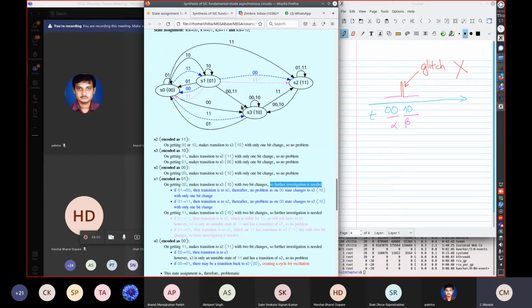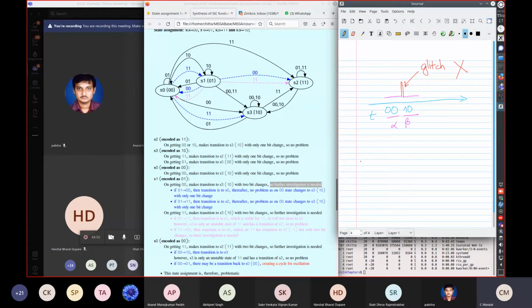Why? Because in practice, when you are changing from, let us say, 0, 1 to 1, 0, actually what happens is this one could first change to 0, 0.